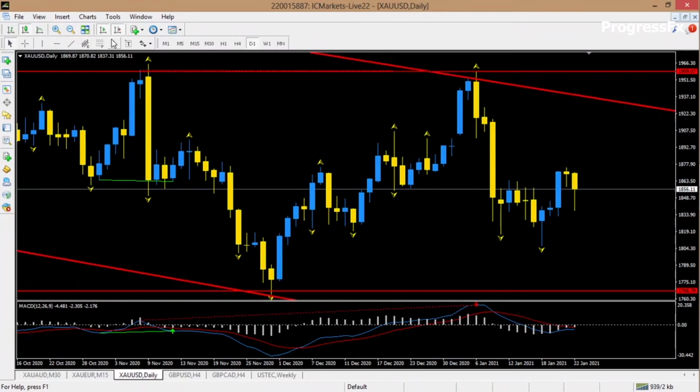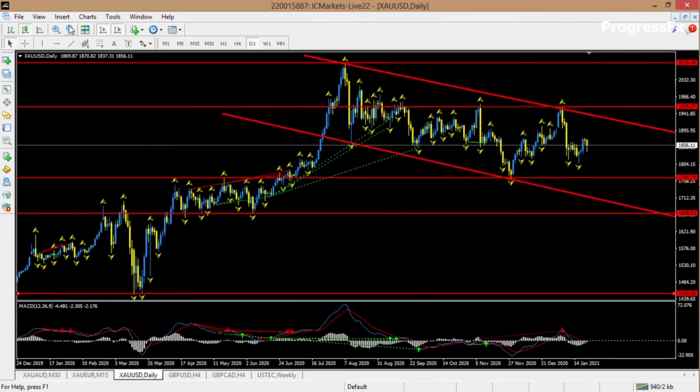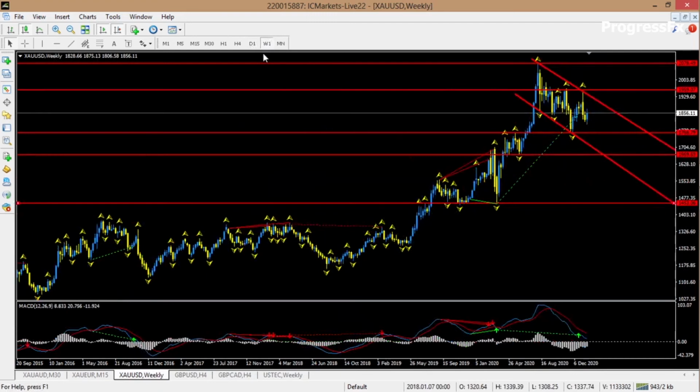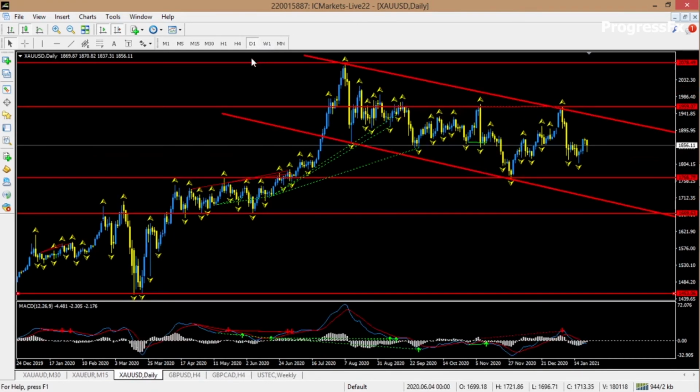So let me reduce the size of the chart. Good. So I have reduced the size of the chart. This is how the chart now looks on daily time frame. Remember, this is the outlook on weekly time frame. This is now the outlook on daily time frame.